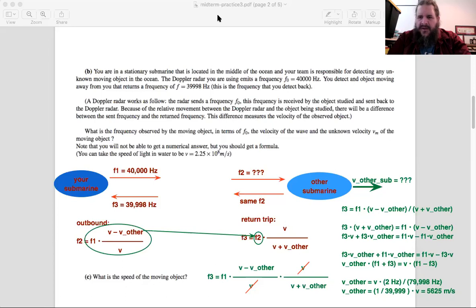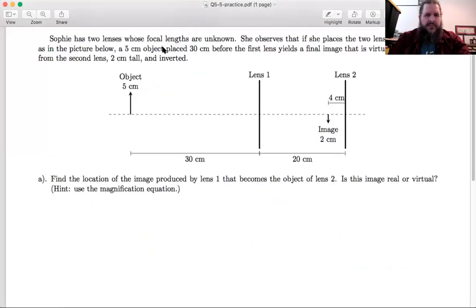Yeah, let me pull up that file you sent me for the multiple lenses thing. Where did that go? There it is. Is this the one?